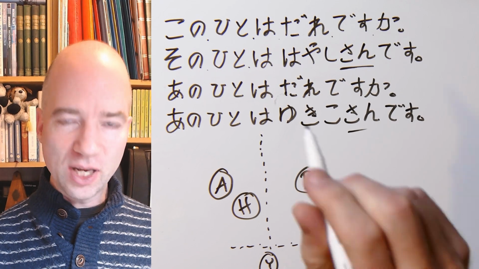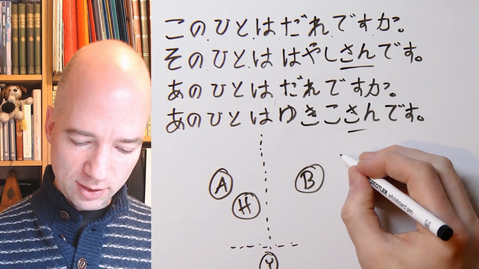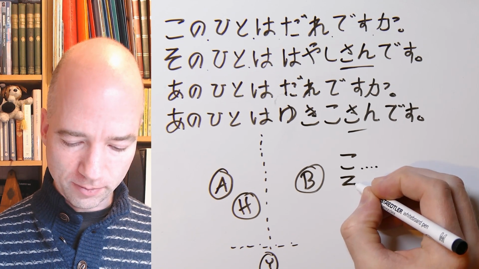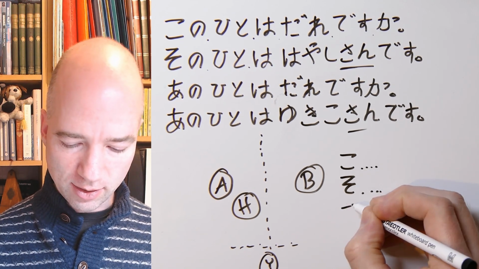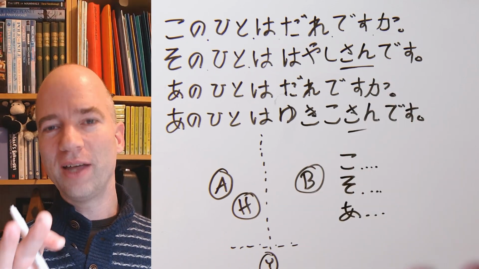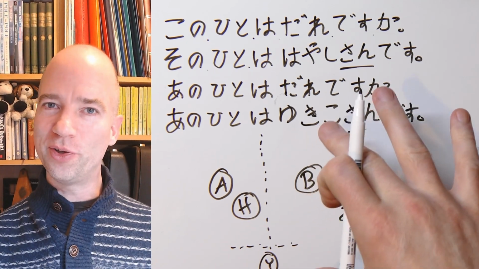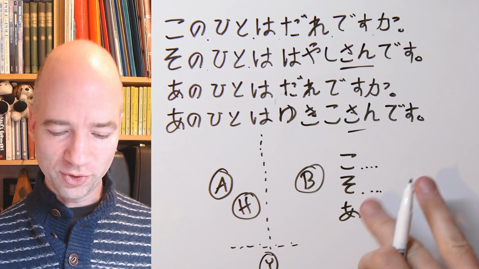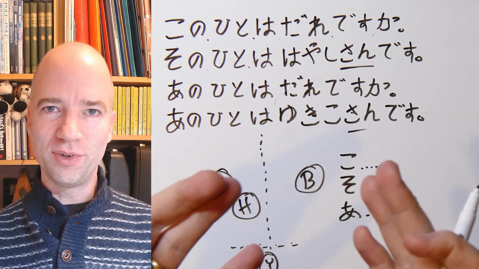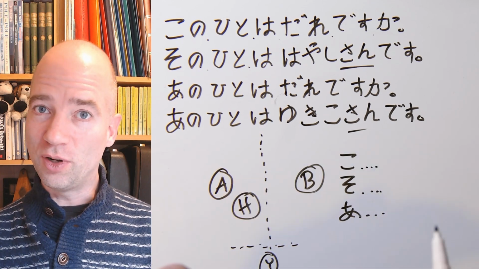So, three levels of demonstratives in Japanese, and I'll just put ko, so, and a, because you have other endings you actually can put on those three initial syllables to create other demonstrative words.